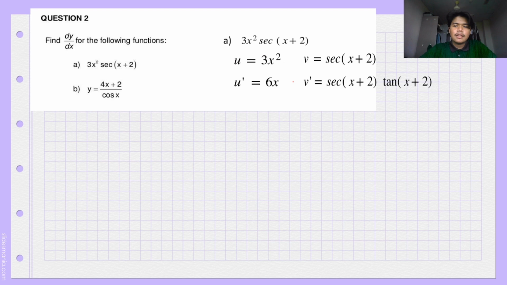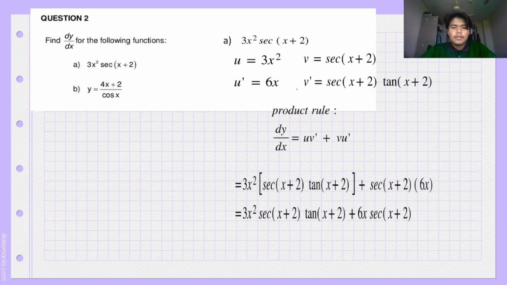For the sec bracket s plus 2, we take it and become v, and differentiate it for v prime equals sec bracket s plus 2 tan bracket s plus 2. So we are using the product rule.